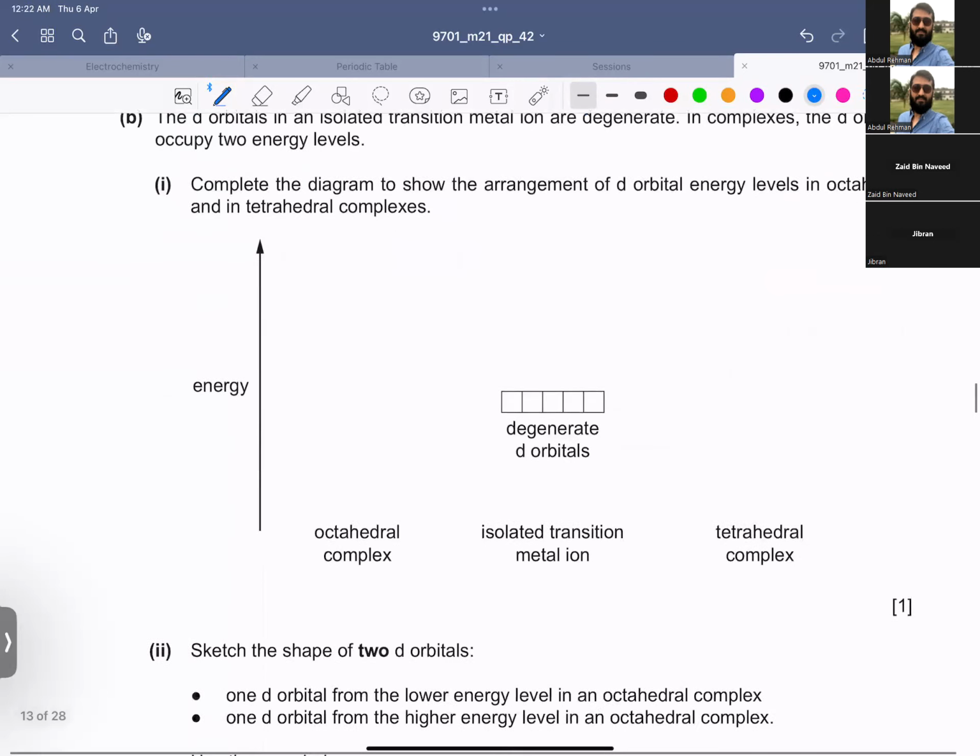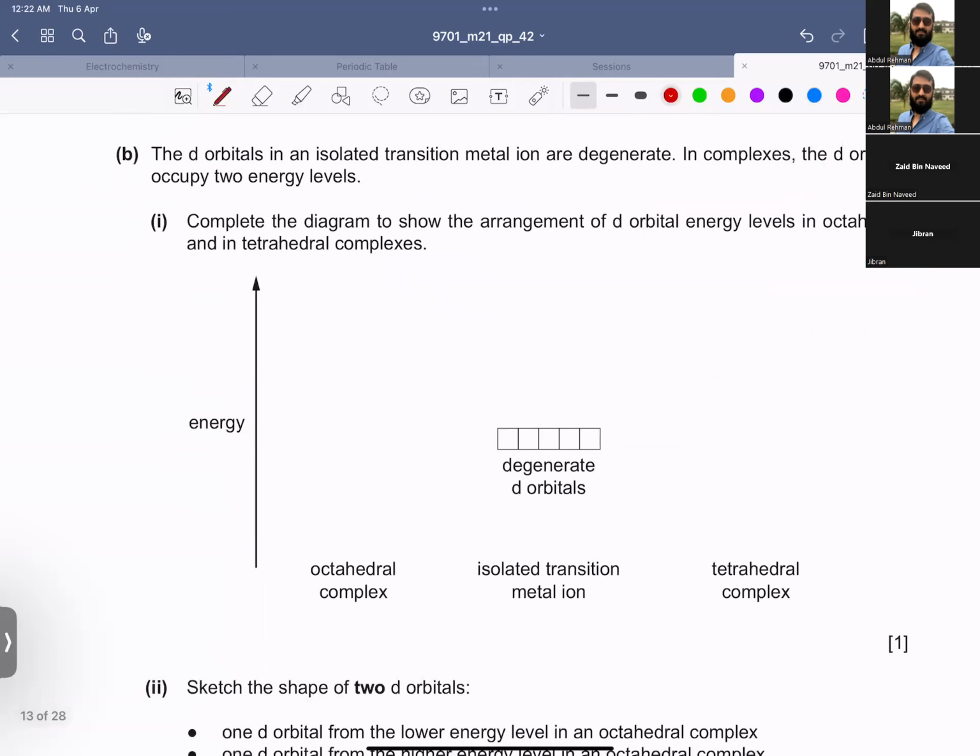Okay. Then next part, the d orbitals in an isolated transition metal ion are degenerate.